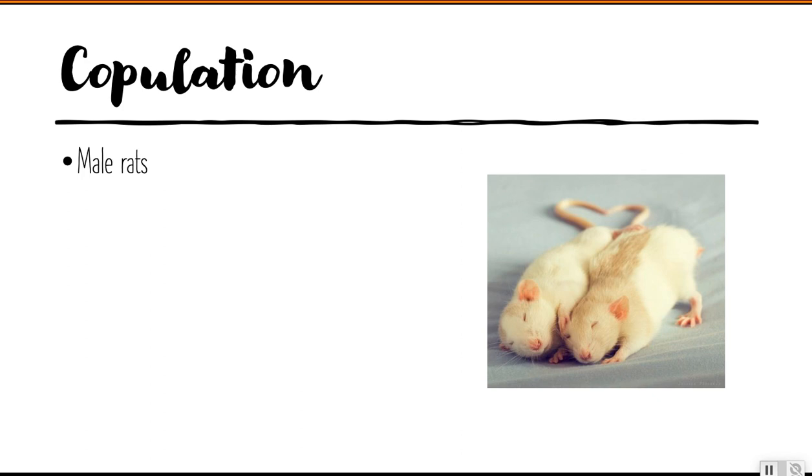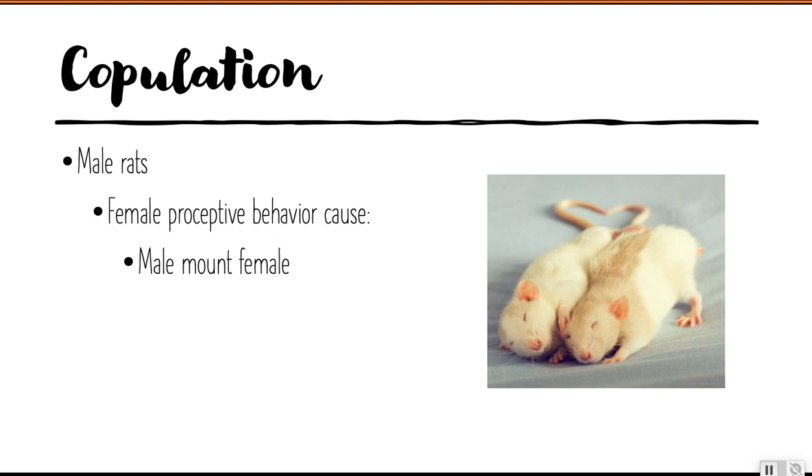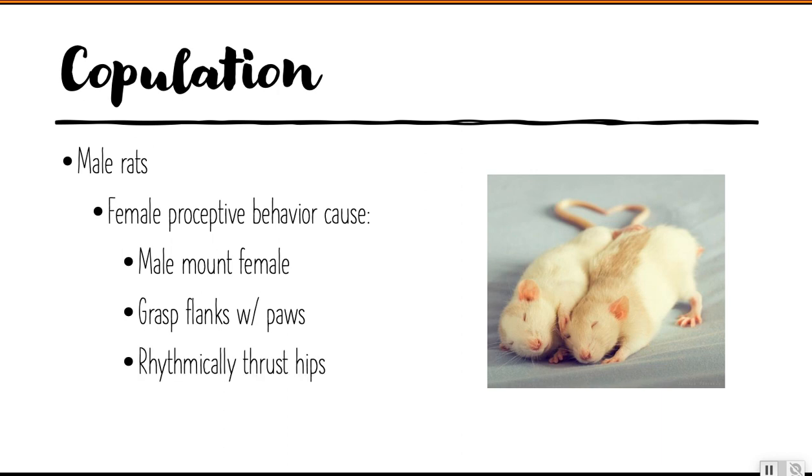So now we have male rats. And male rats kind of go off of female proceptive behaviors. The proceptive behaviors in females can cause the male rats to mount the female from the rear and grasp her flanks with his paws and rhythmically thrust his hips.